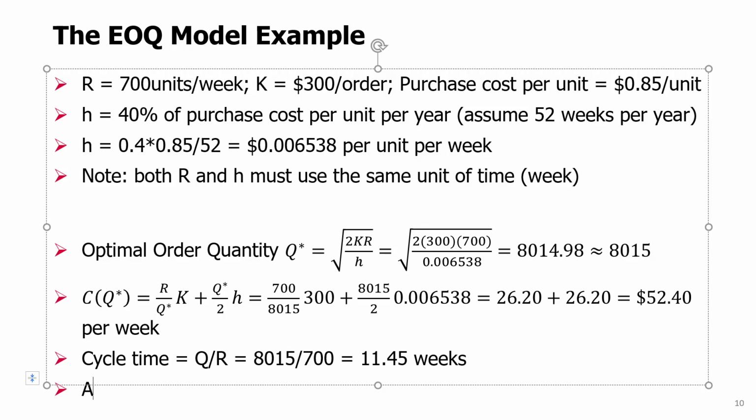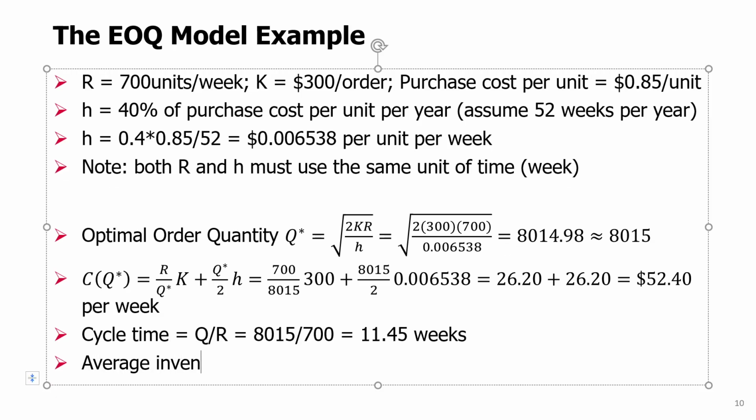We can also calculate average inventory. I equals Q over 2. It will be 4,007.5 on average. Because it's average, we can keep it fractional. We can also calculate flow time.